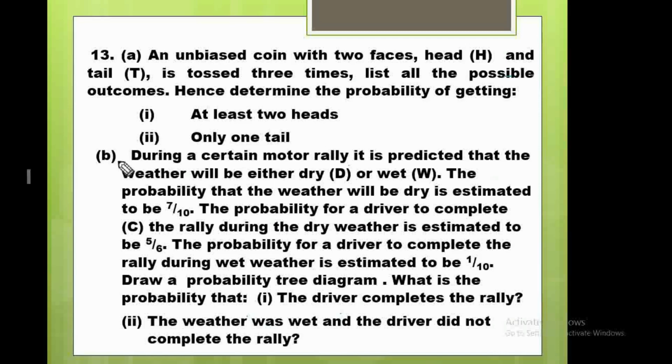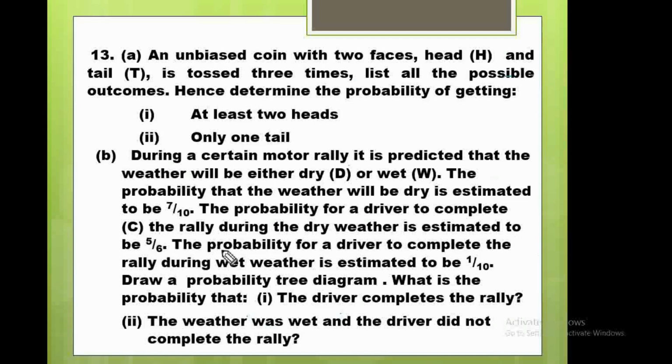Then for part B, during a certain motor rally, it is predicted that the weather will either be dry or wet, where D stands for dry, W stands for wet. The probability that the weather will be dry is estimated to be 7/10. The probability for a driver to complete, which is represented by C, the rally during the dry weather, is estimated to be 5/6.